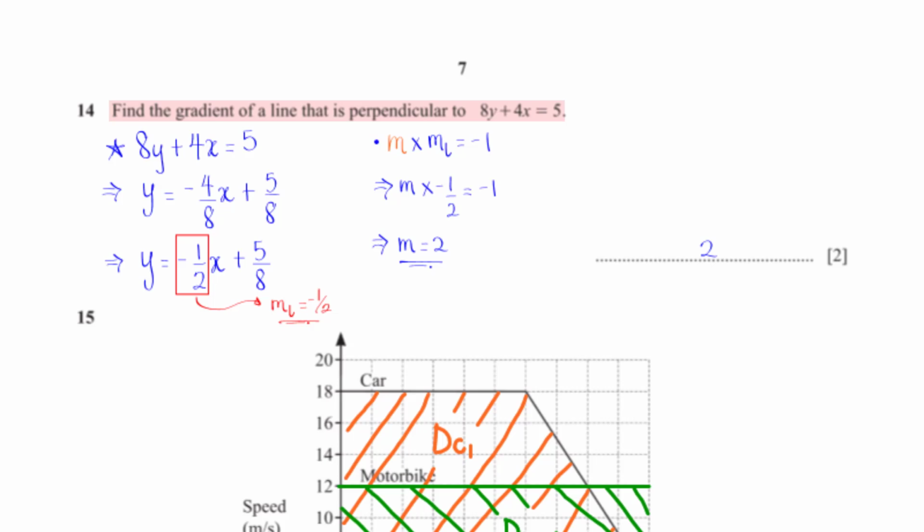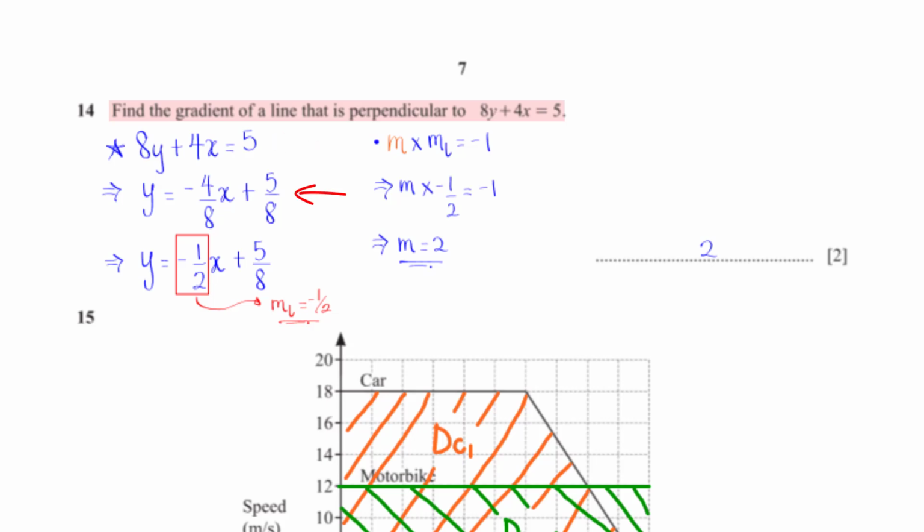Find the gradient of a line that is perpendicular to 8y plus 4x is equal to 5. So first, we know that the product of the gradients of two perpendicular lines is equal to -1. So now let's find the slope of the line given in the question. We can do this by rewriting 8y plus 4x equals 5 in the form y is equal to mx plus c. So first, let's divide through the equation by 8.